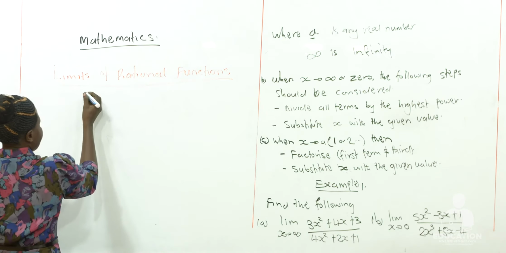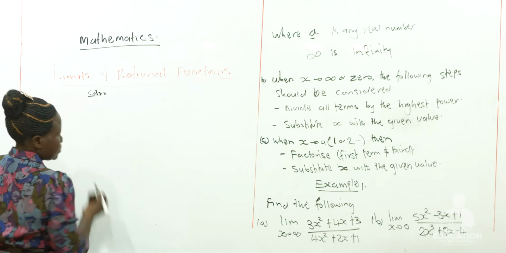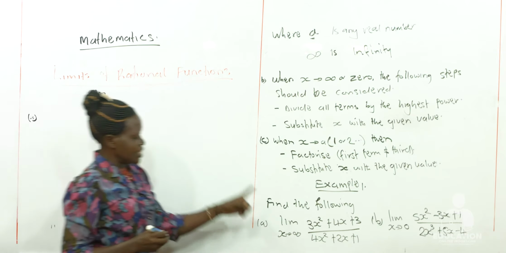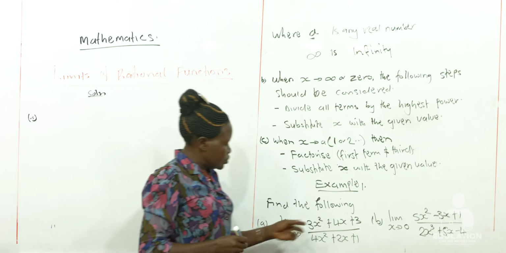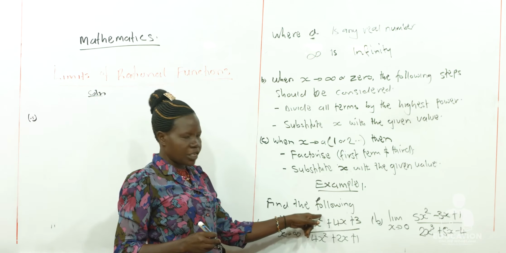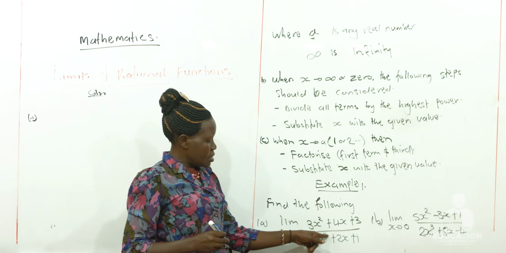So, in our solution for part A, we said we are going to divide all the terms by what? The highest power. So you check the numerator, the highest power is x power 2, and the denominator's highest power is also x square.